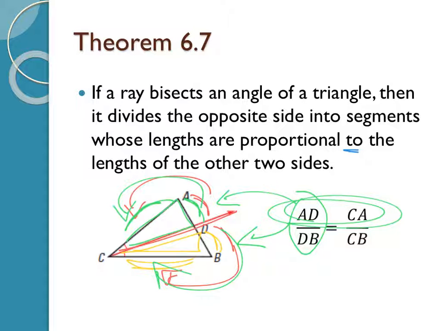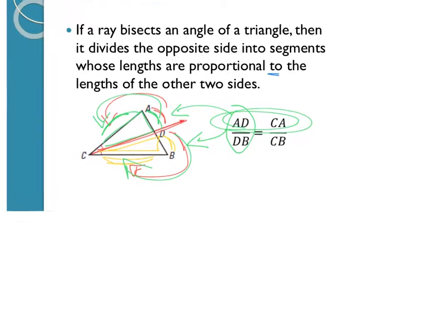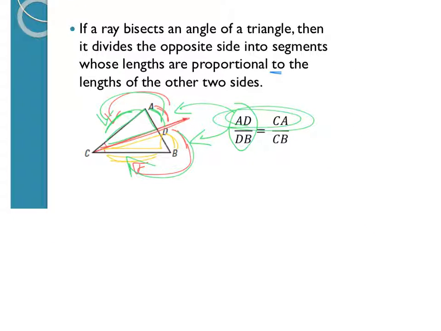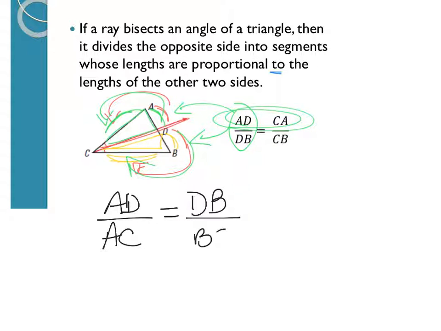And I'll show you a few more proportions that you could also have set up. So you could have also said AD matching with the side of the triangle that it's in. So the green triangle. Then the DB, the one that the ray created, with its BC.